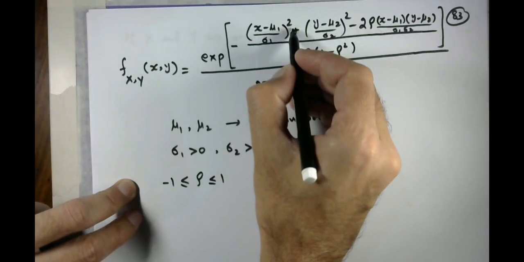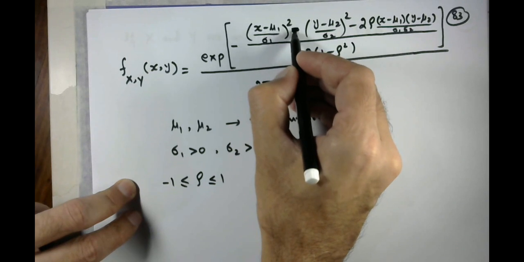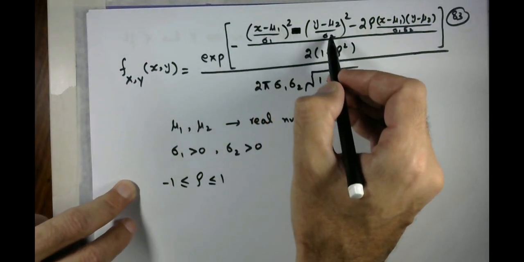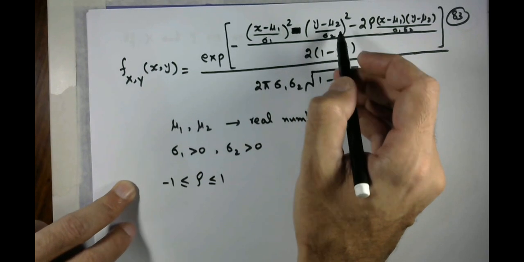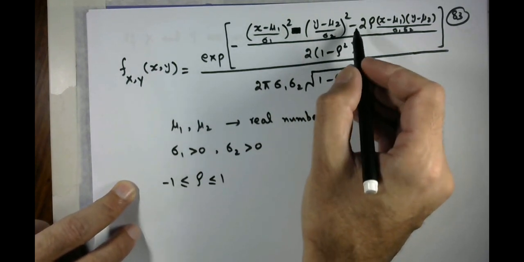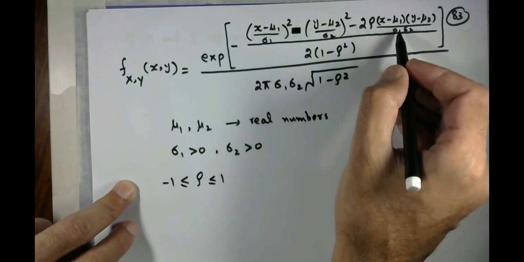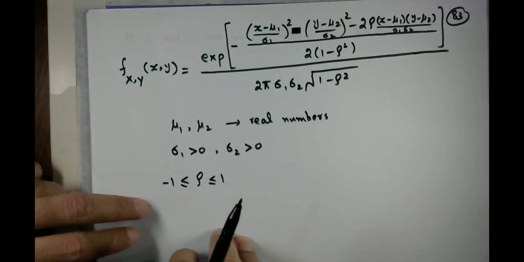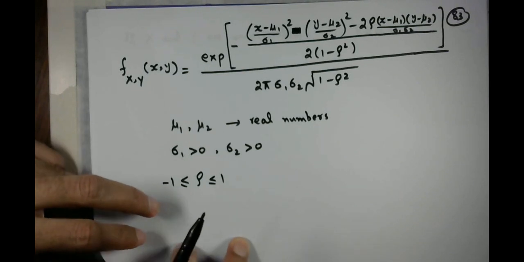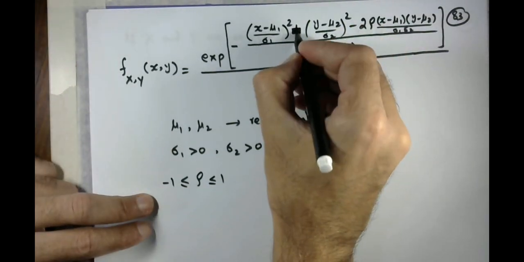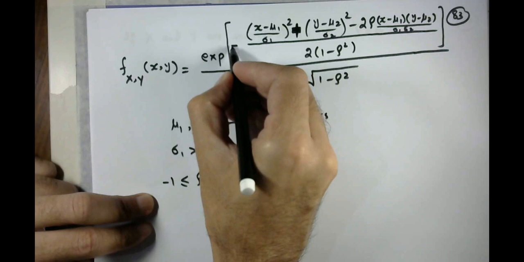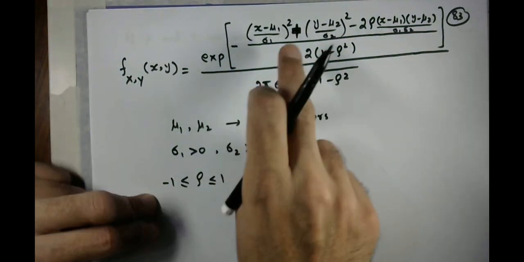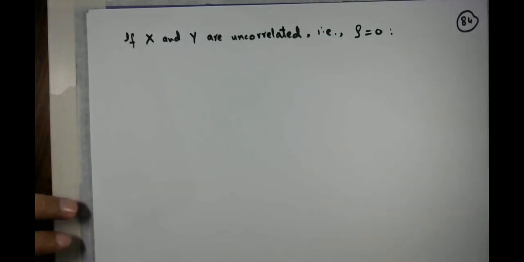Pardon me, this was minus y minus mu2 over sigma 2 whole square, and then this part goes to 0. Sorry, if you put minus here, then it has to be plus. When you expand it, then this will make it negative exponential.